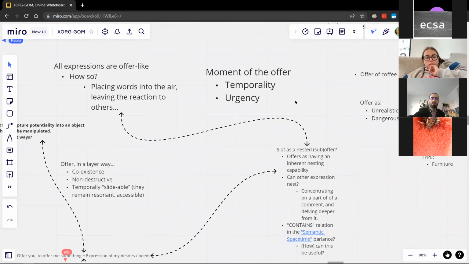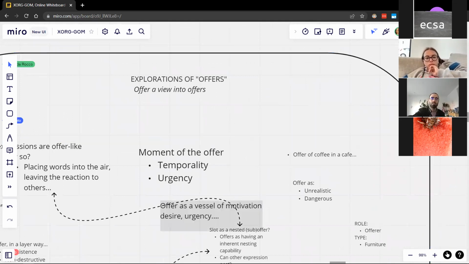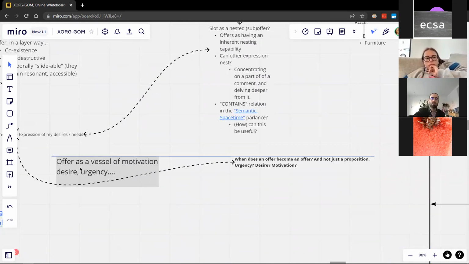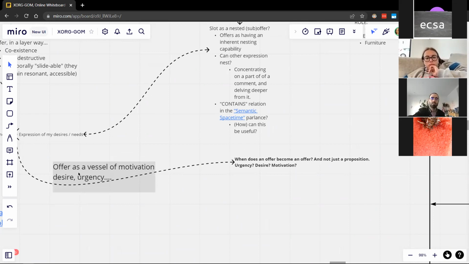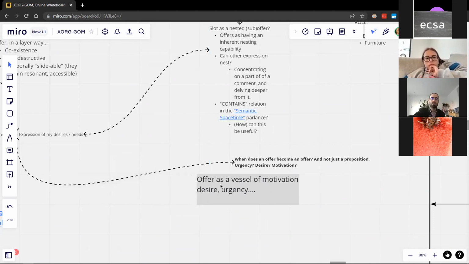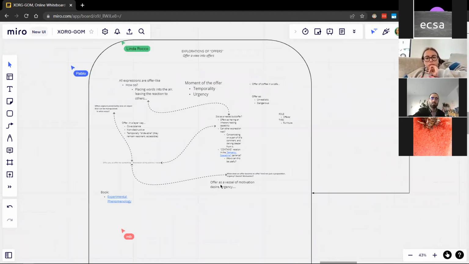So actually, I noticed that the desire and urgency is happening in the middle parts of the room. So I add this there, closer to those.